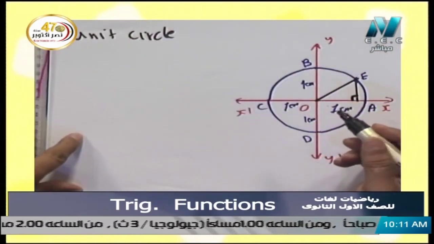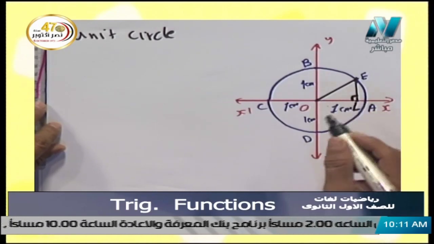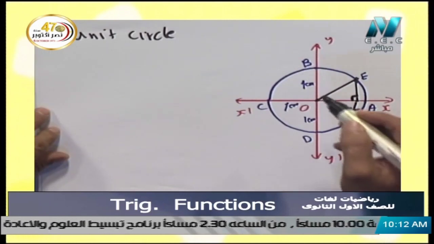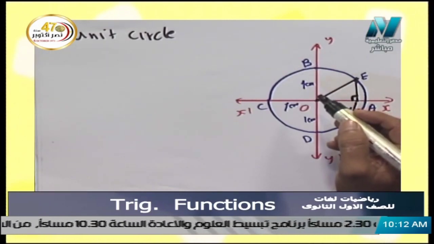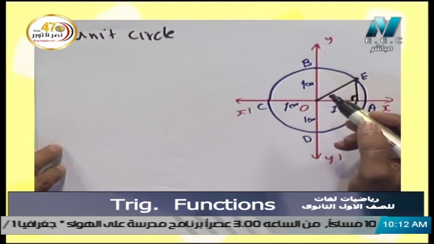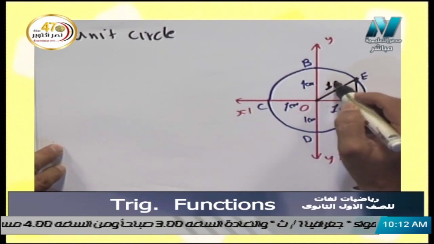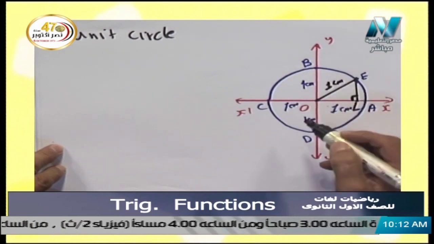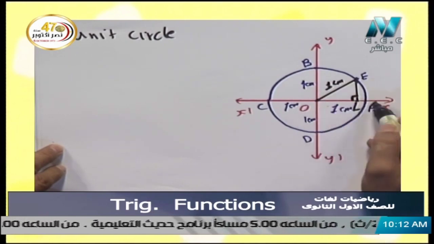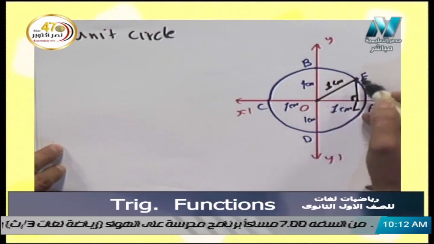So we have the right angle triangle OEL, as an example. Some of you intelligent students can easily tell me the length of OE. Yes, it's 1 unit also, because OE is a radius of the circle, equal to OA, OB, OC, OD, and so on.